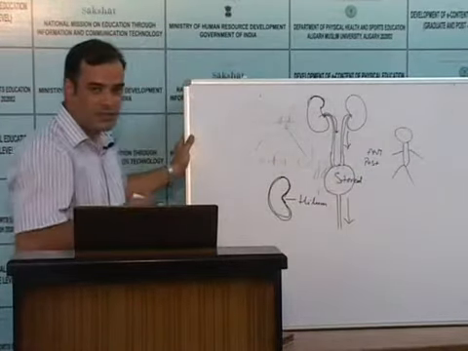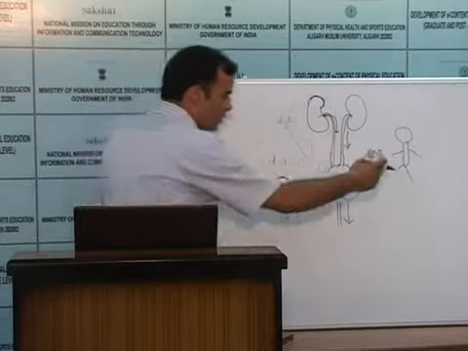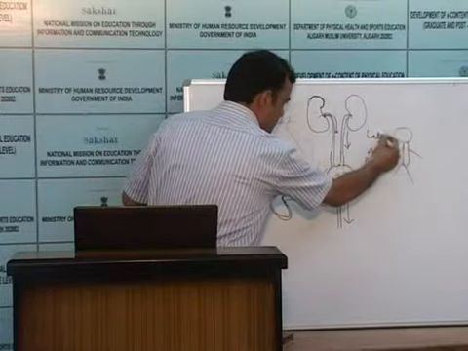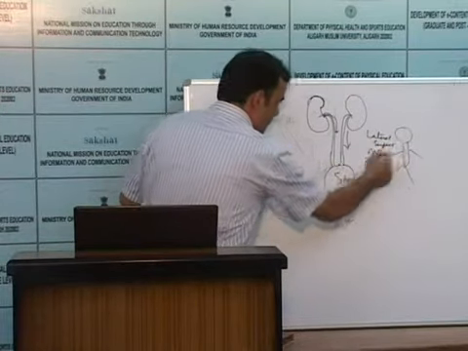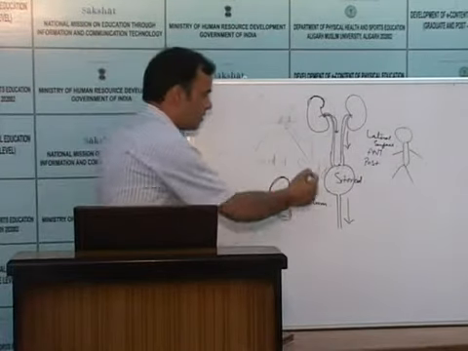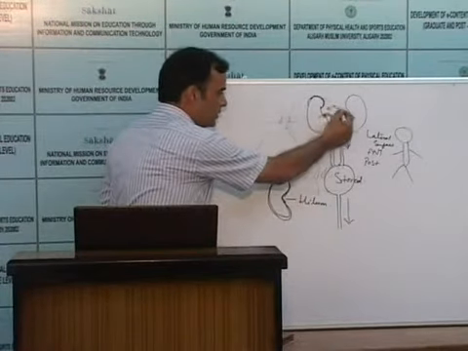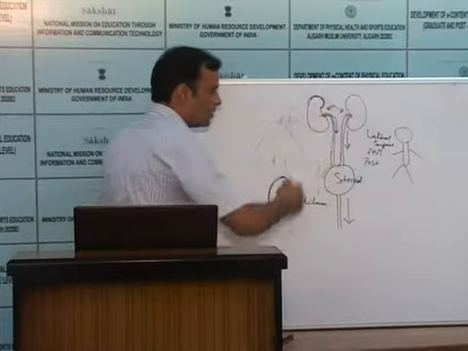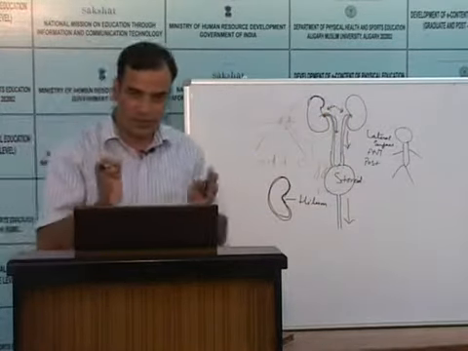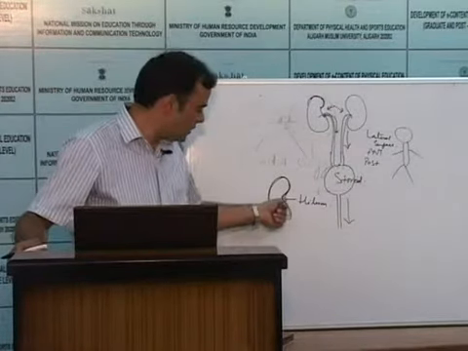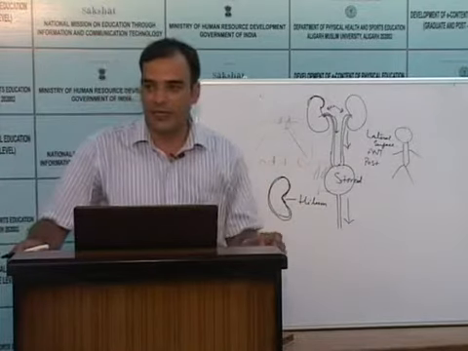The sides facing towards the outside of the body on the left or right is called the lateral surface, and the side facing inside the body is called the medial side. Here in these kidneys you can see this side is called the medial side because this is facing the inner side of the body.